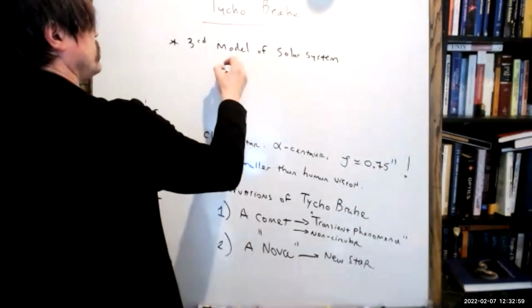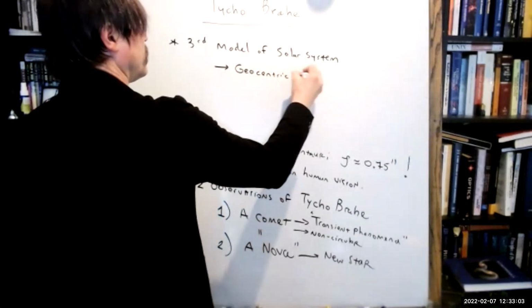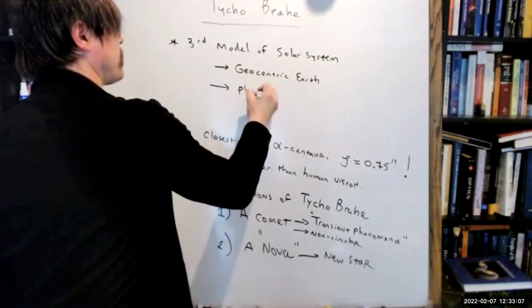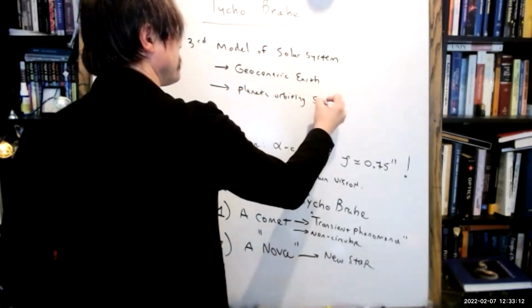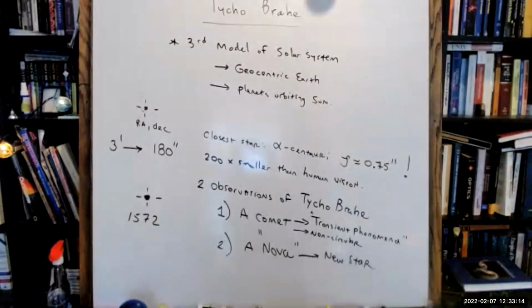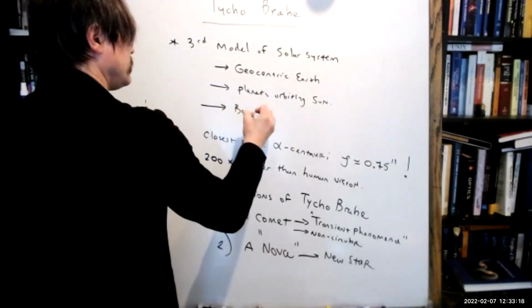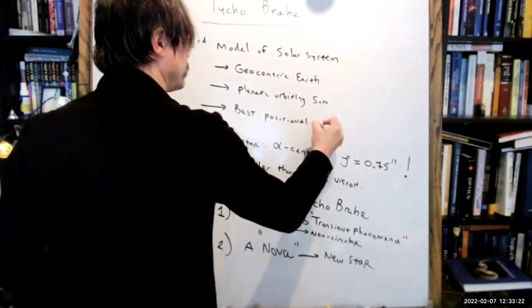His model of the solar system had a geocentric Earth, but had planets orbiting the sun. And his model of the solar system had the best positional accuracy.